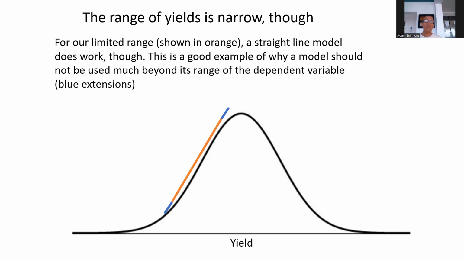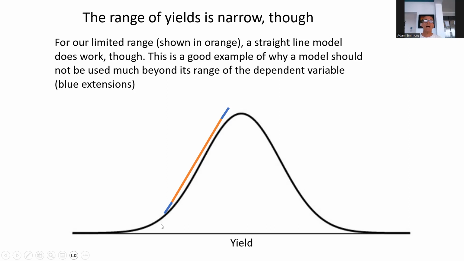I also said that you can perhaps extend the range a little bit if you're going to do forecasting, but not too much. And again, the little blue bits here, I hope, do explain that. You can see that as the blue line extends, it gets further away from the curve. And here, what will happen is if you extend the blue line, it will go below the curve.